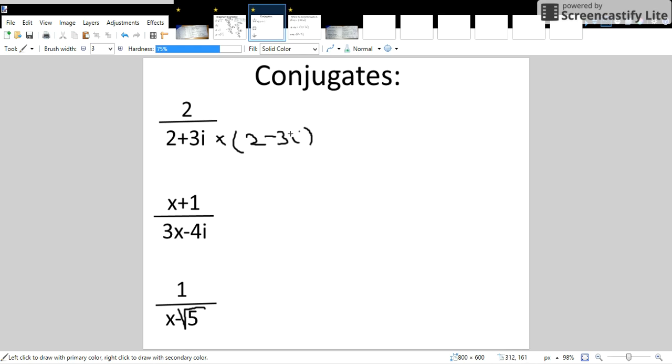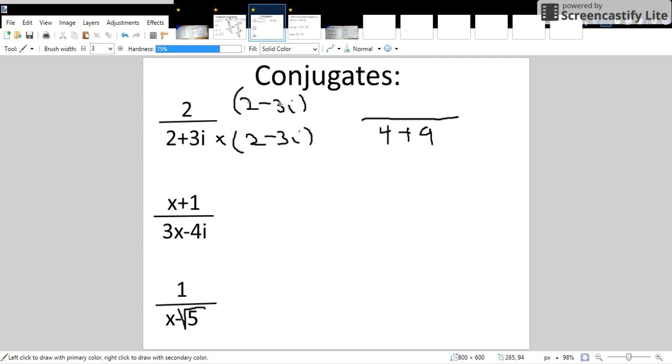So you're going to multiply the top and the bottom by 2 minus 3i. Again, you use your sum of squares for the bottom part, or you could FOIL or box method it out, whichever way you feel most confident with. So you have 4 plus 9 at the bottom.